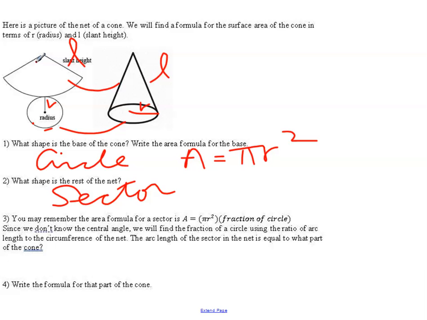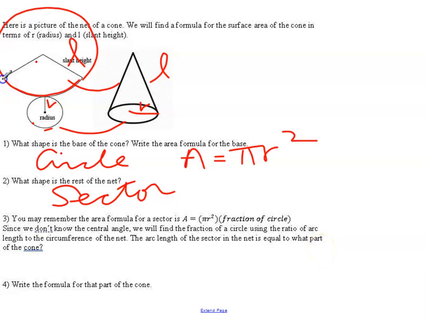of the net. So you're going to imagine drawing this whole circle. We're finding what fraction of the whole circle that is, and we do that by the arc length over the circumference. So what fraction of the circle is that? The arc length of the sector in the net is equal to what part of the cone?